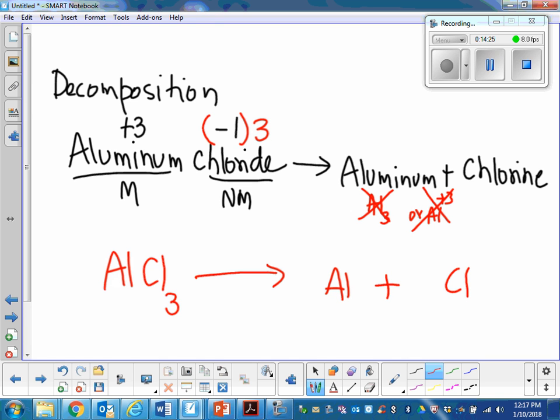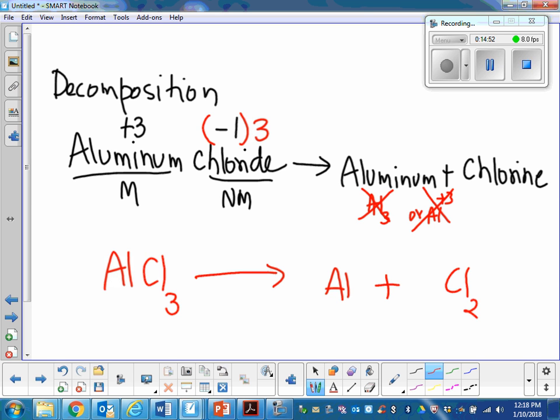Cl? If I say it's a diatomic element, Haley, then what should I be writing? Di means 2. So where should I be writing that 2? In the bottom of chlorine. Got that? Anytime you recognize an element as being diatomic, you should be writing the 2 underneath it. Do we understand this? Okay?